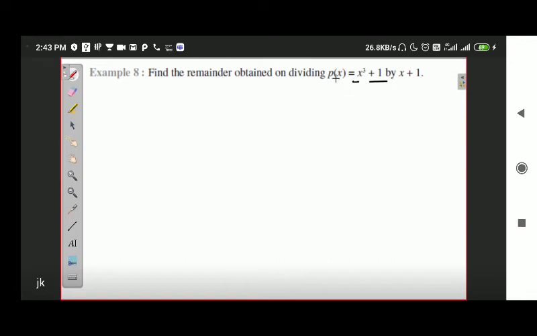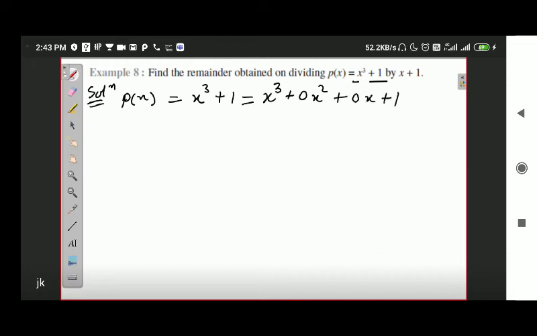As you can see, the given polynomial p(x) is in proper order, but all the terms of x are not covered. So the x square term is not there, as well as the x term. So we will rewrite it as x cube plus 0x square plus 0x plus 1. And we need to divide it by g(x), that will be x plus 1.